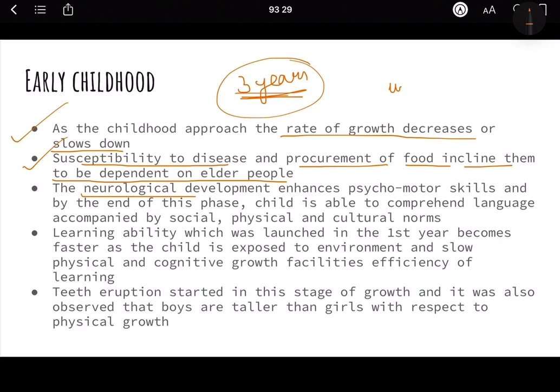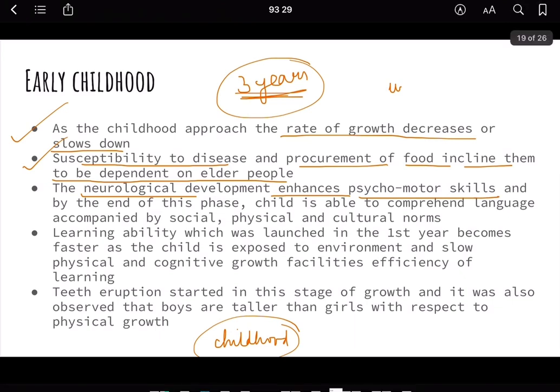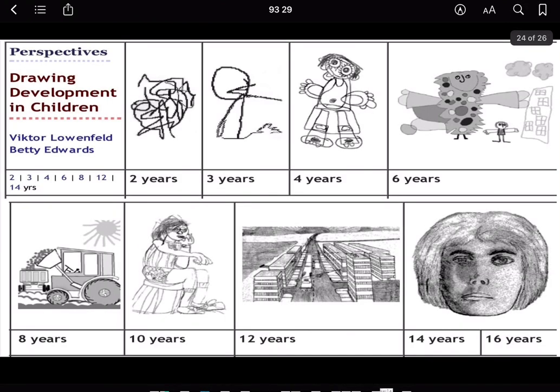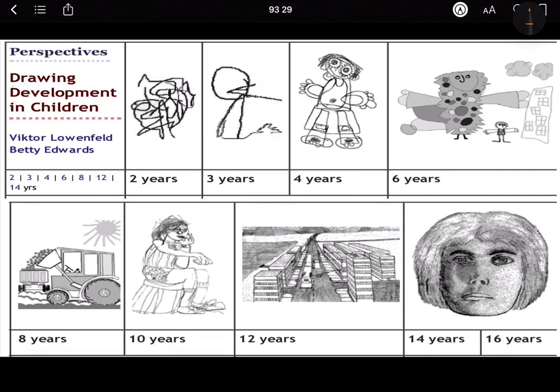The neurological development enhances psychomotor skills, but ये तो आपको याद रखना है, till the childhood your psychomotor cognitive skills are continuously developing, ठीक है ना? For that I'll just show you a picture also. Yes, if we talk about the drawing development in the children, so this is what a 2-year-old can do. So he'll scribble.